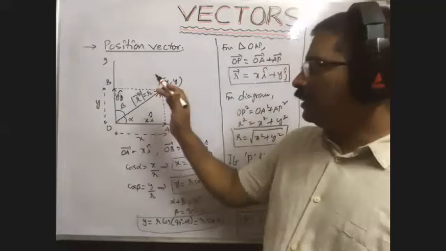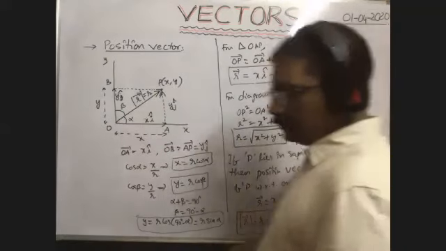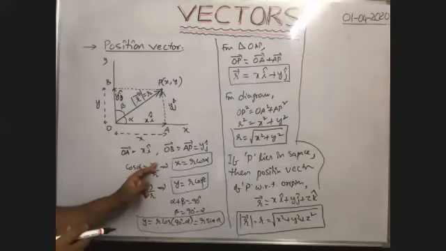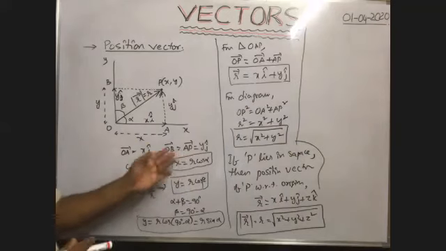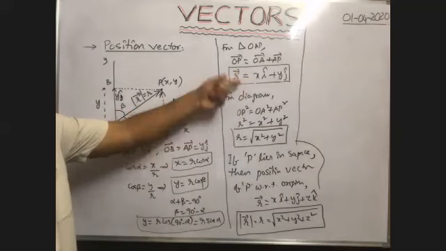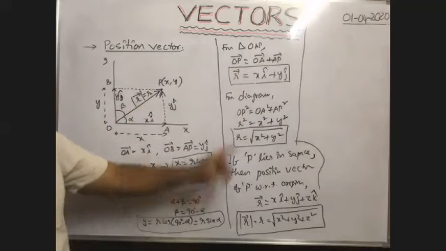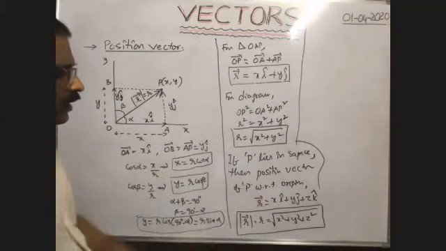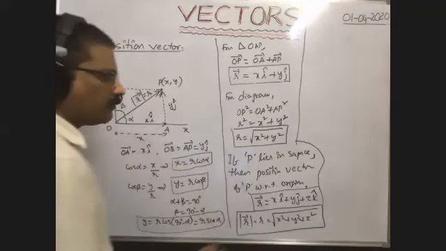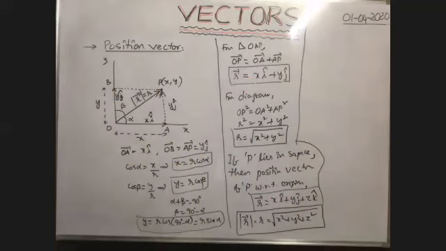Suppose, here is one formula you should remember. Cos alpha means the x component of that vector divided by the magnitude of that vector. Suppose the given vector is x i cap plus y j cap, then its magnitude is equal to this one. If the given position vector is like this, then its magnitude is equal to the square root of x square plus y square plus z square.